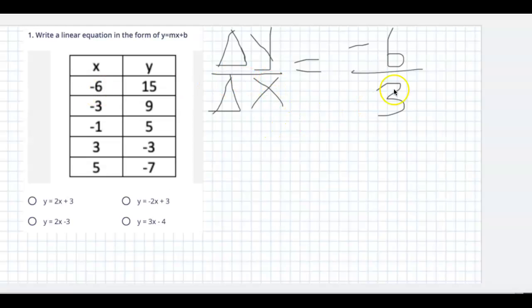Okay. So now we have these. You can simplify that. Divide by 3, this is 1. Divide by 3, this is 2. So this will be -2 over 1.